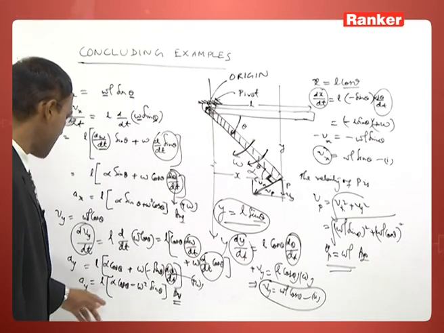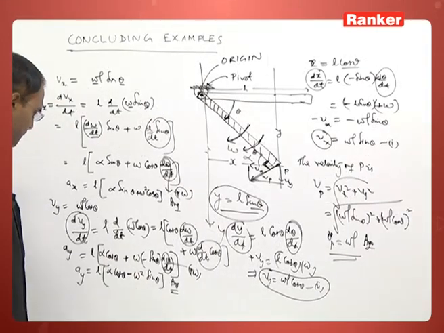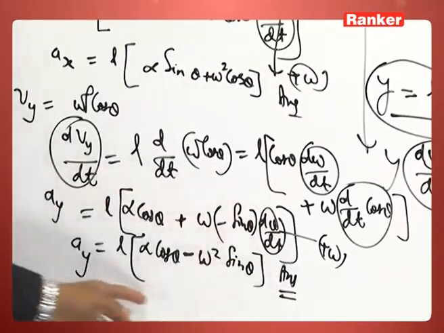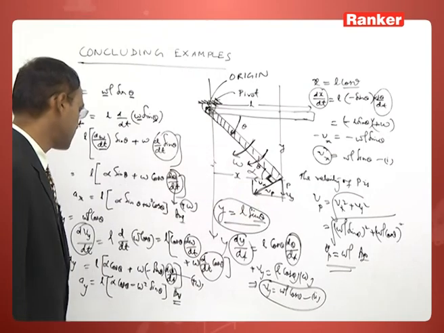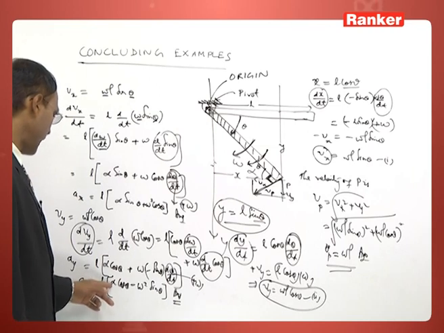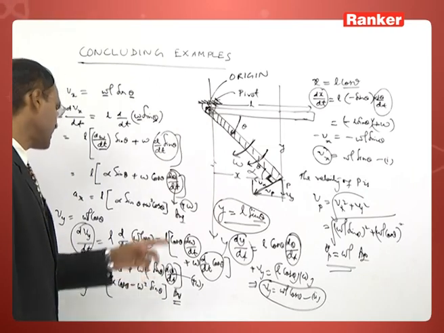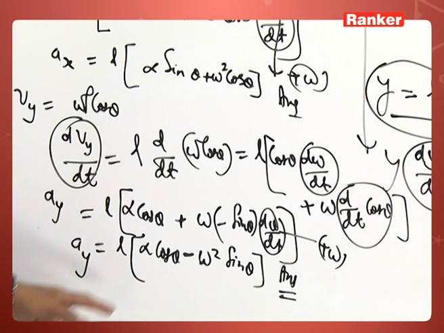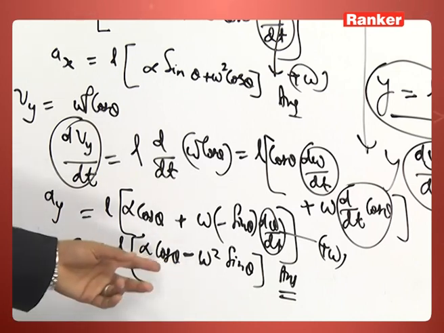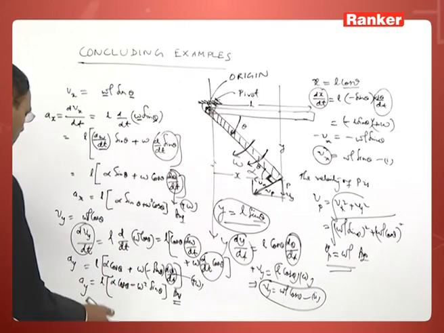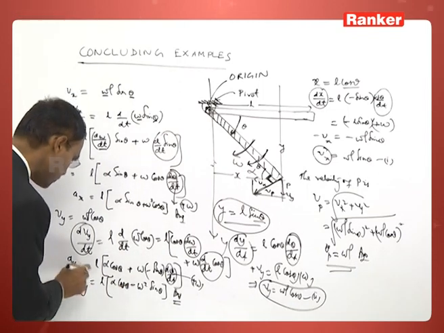And you can understand here that there is a point of time, or a position, where the acceleration of this point along y direction will be 0, because L alpha cos theta minus omega square sin theta can be 0 at a particular position, and that position can be given, for a given alpha and omega square, by substituting a_y equal to 0.